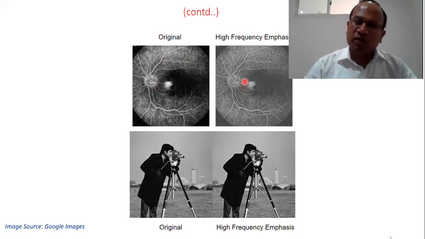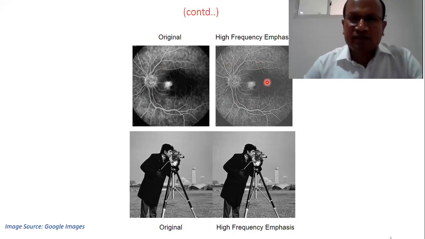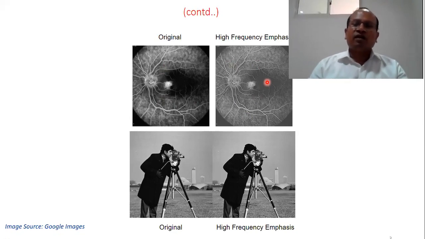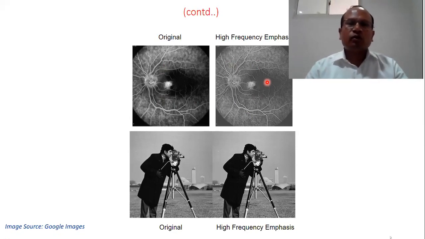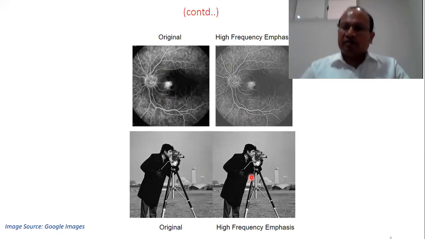But unlike high pass filter, here the high frequency contents are highlighted with good emphasis. Along with that, the low frequency signals have been maintained with some mean value, some average value. So it doesn't mean that the low frequency signal is suppressed or attenuated. They have been maintained here with some minimum low frequency signal. In the second result also, the same observation can be made.